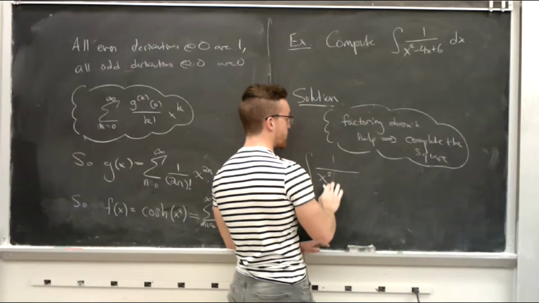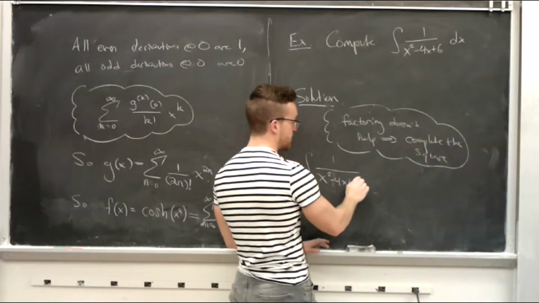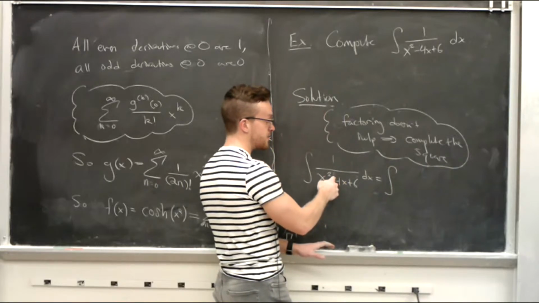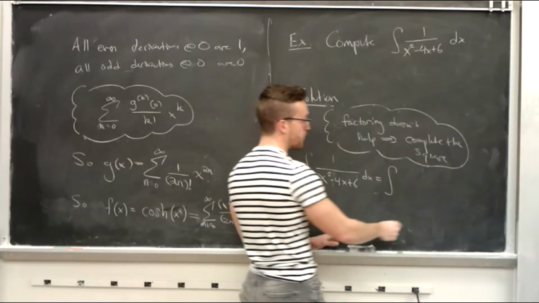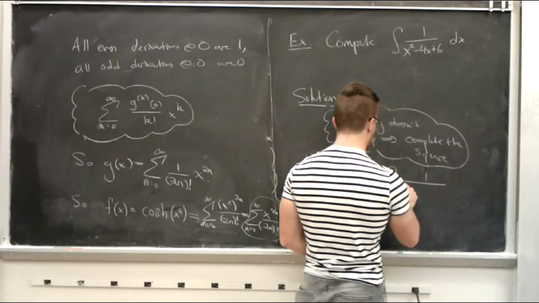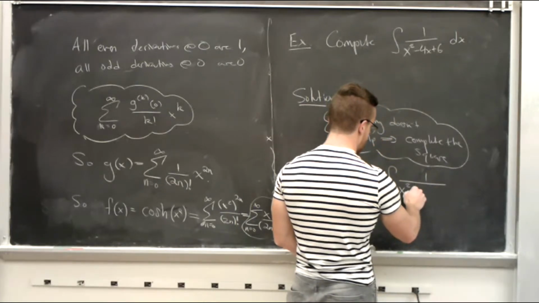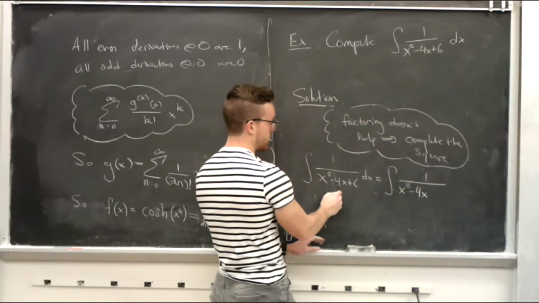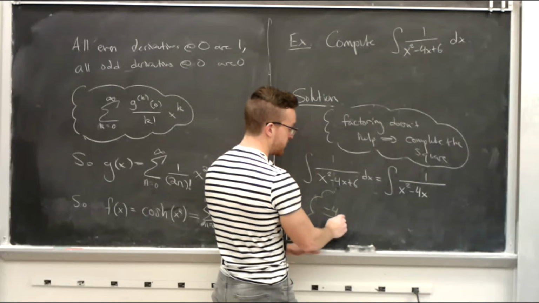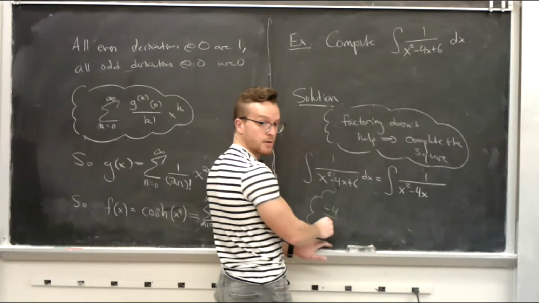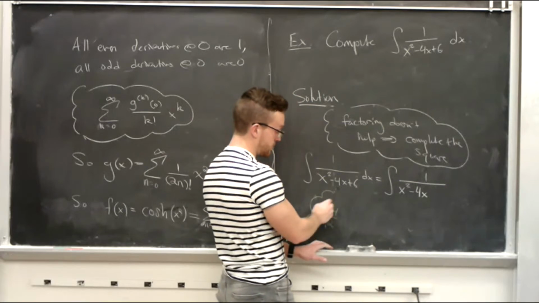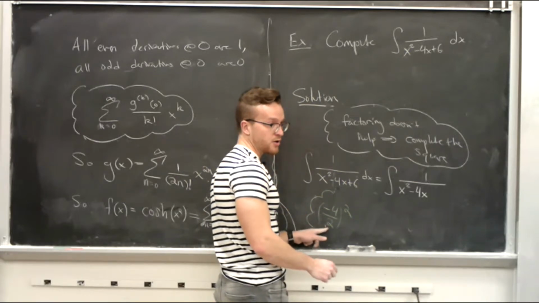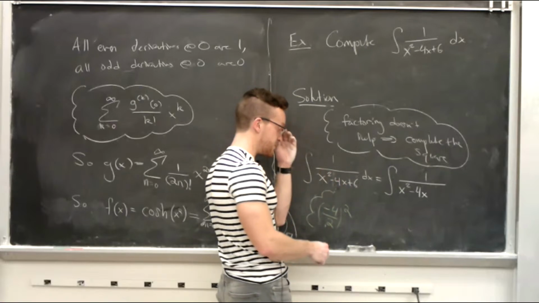To complete the square, the algorithm is look at the coefficient in front of the x. In our case, that's -4. Take this number, divide it by 2, and square it. That's the thing that you want to add and subtract to complete the square.